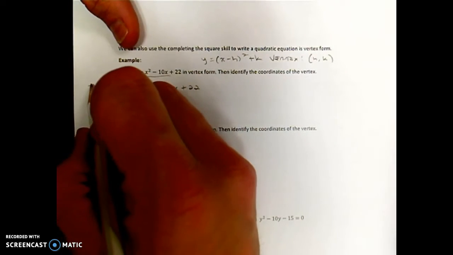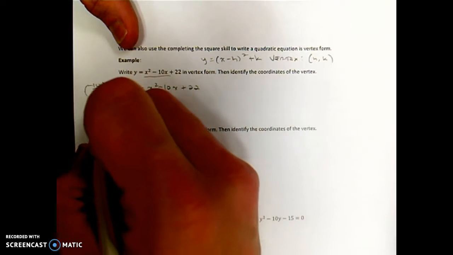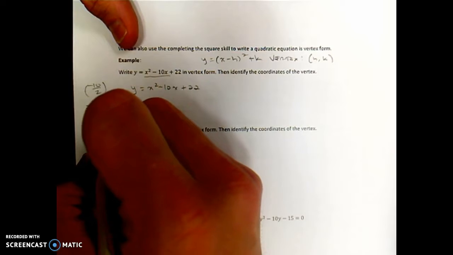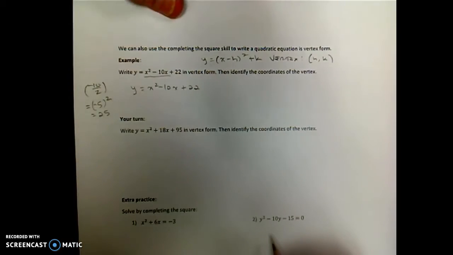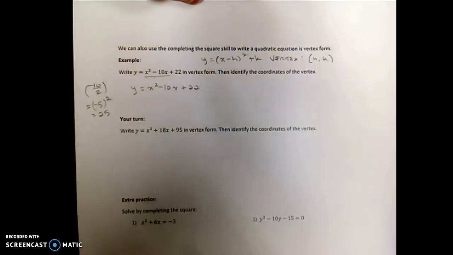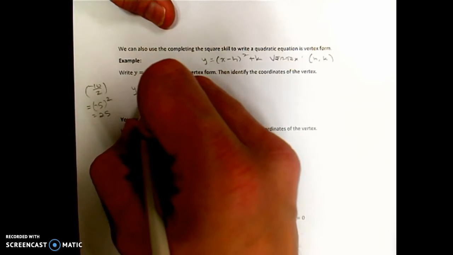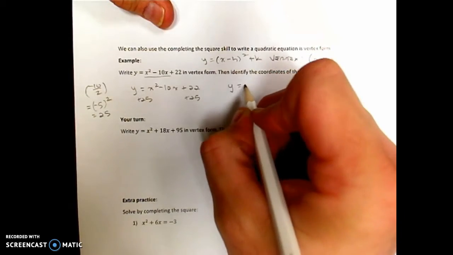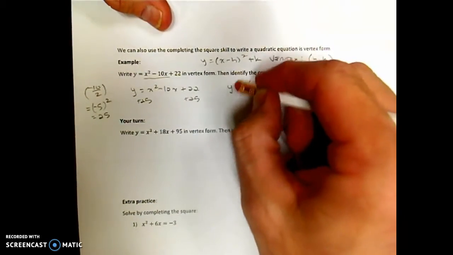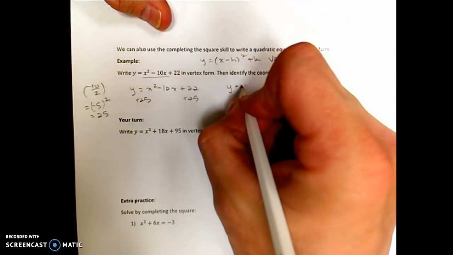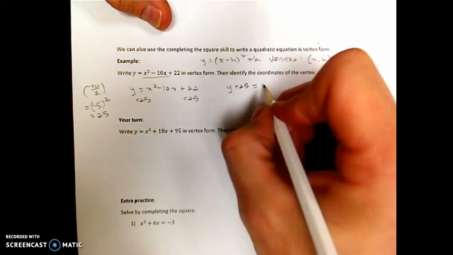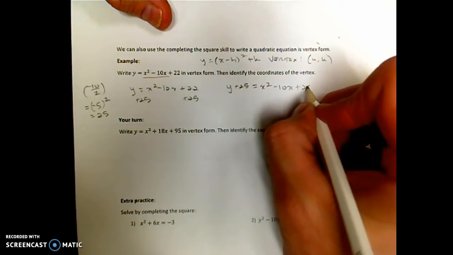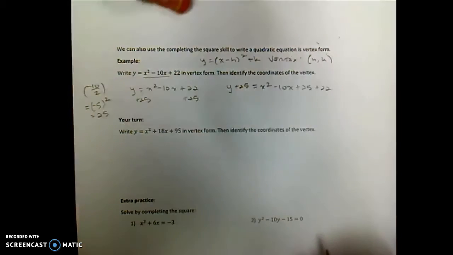I'm looking at the 10, negative 10 in fact. Half of negative 10 is negative 5. Negative 5 squared is 25. I need to add 25 on both sides. So y plus 25 equals x squared minus 10x plus 25 plus 22.